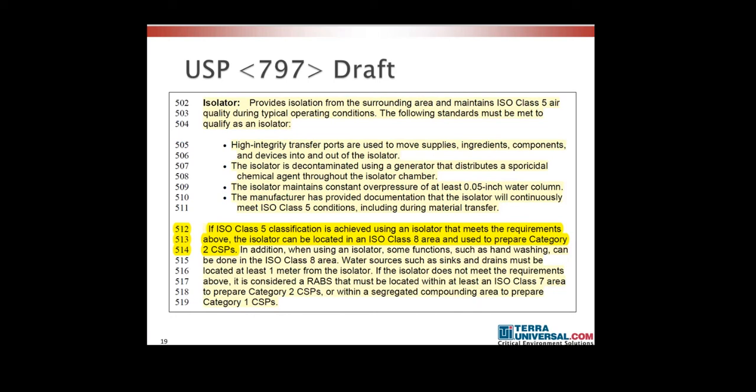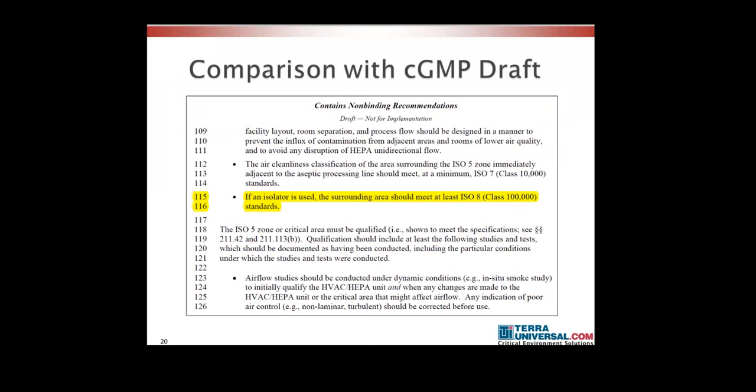We recommend in this instance that you install your ISO 5 isolator within an ISO 7 buffer room with an adjacent ISO 8 gowning and staging room. This gives you a little bit more facility and operational flexibility should you decide in the future to proceed with compounding, say, hazardous CSPs, or if you are working within the beyond use date exemption and you start compounding CSPs that are no longer under that exemption. This gives you some facility flexibility. So that's our recommendation in those instances.